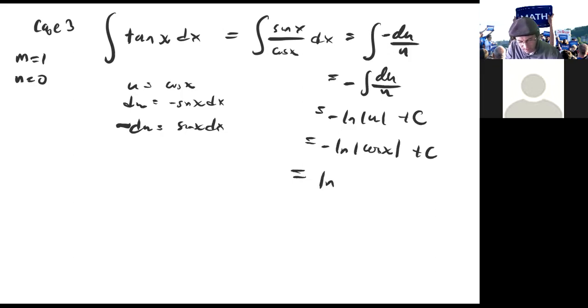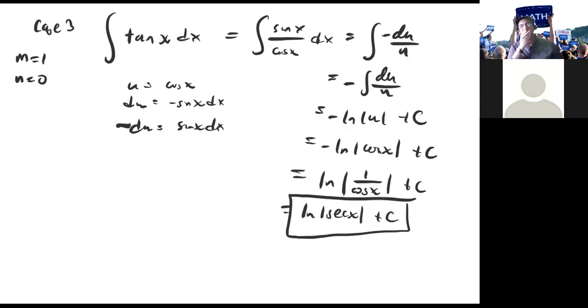So we can think of this as ln absolute value of 1 over cosine x plus c. That absorbs the minus sign into the ln, and that's the same as ln absolute value of secant x plus c. This is an integral that's good to remember. So that's the integral of tangent x dx. It's ln absolute value of secant x plus c.